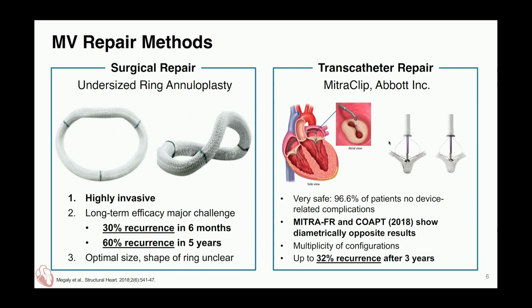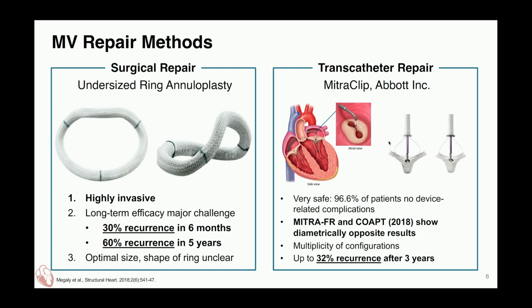It's called undersized ring annuloplasty. It doesn't look terribly sophisticated because it isn't, but it's a way of surgically implanting a rigid or flexible ring that brings the annulus, the size of the valve, down. Highly invasive, not terribly successful. A more recent one, around for maybe 15 years, is the mitral clip.